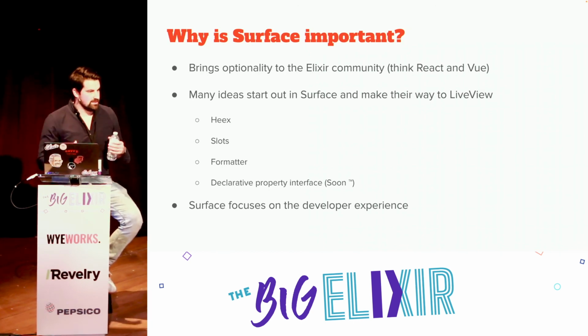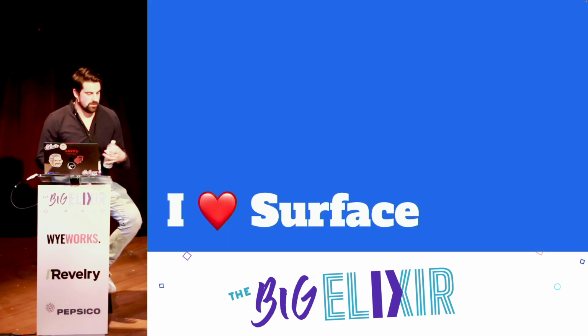These are all ideas that were started in Surface. And they've made their way back to LiveView because I think there's a certain universality to them in that they've really taken wisdom from years of JavaScript iteration and are really trying to bring them to this community.